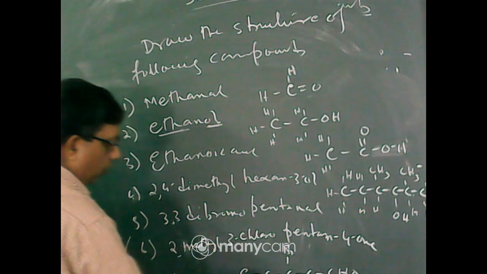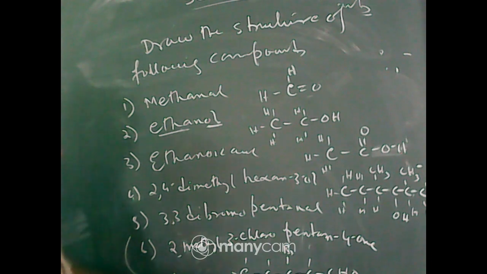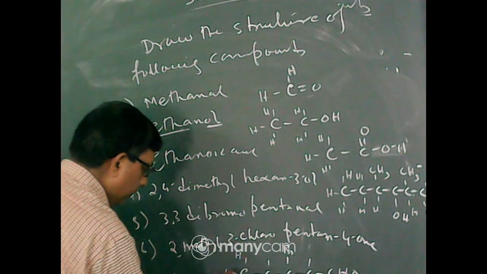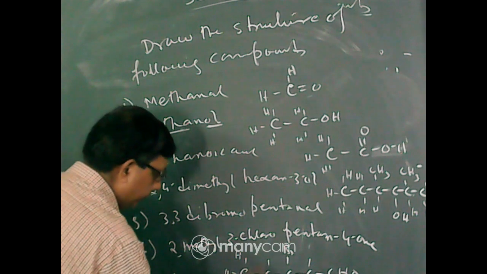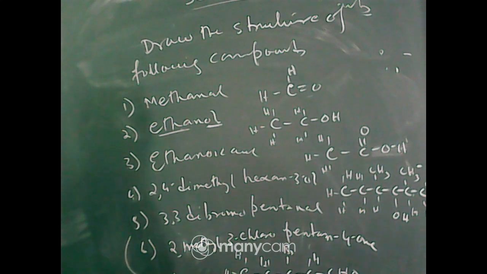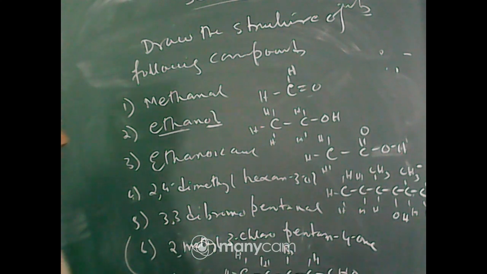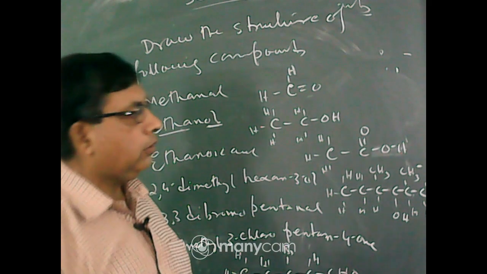Fill up the rest of the carbons with hydrogen so that they attain tetravalence. Here CH3, these are the hydrogens. So this is called 3,3-dibromopentanal. Hello student, understood?